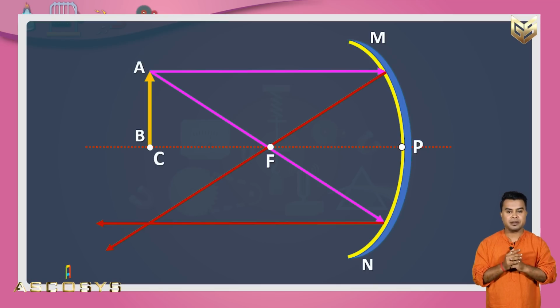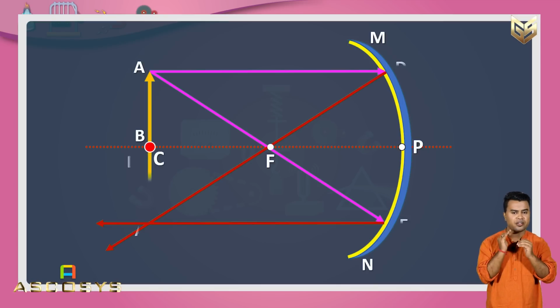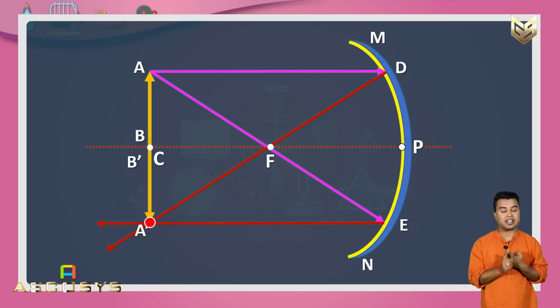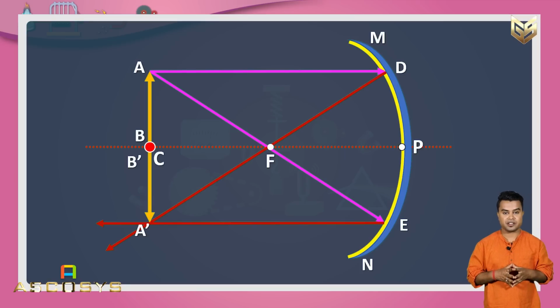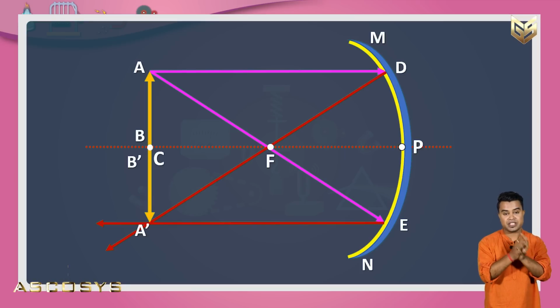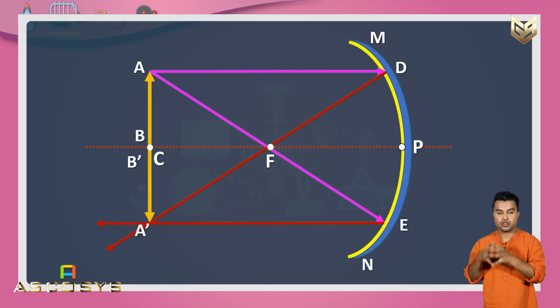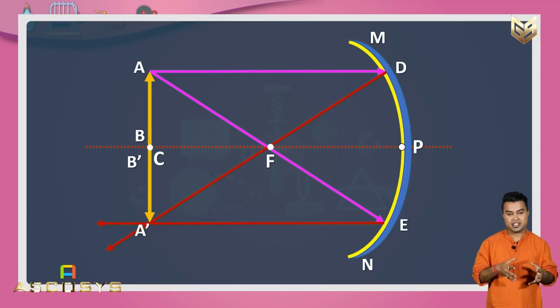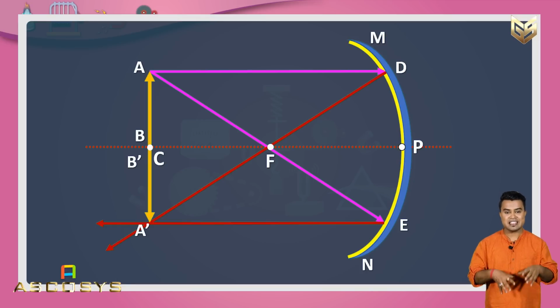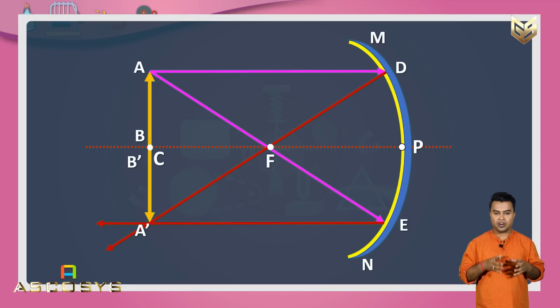So, your final image will form at center of curvature only, the intersecting point will be at center of curvature. So, whenever there is an object at center of curvature, the image will also be at center of curvature, nature real and inverted, size same as that of the object.